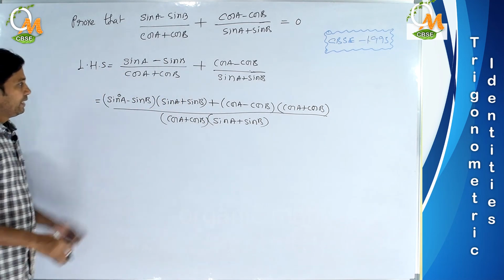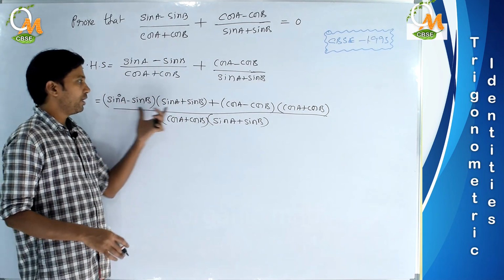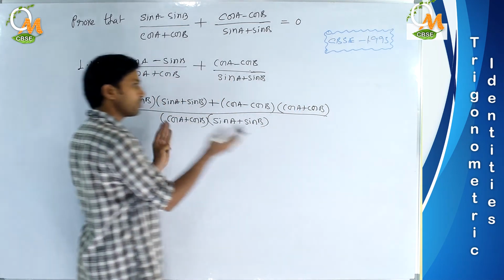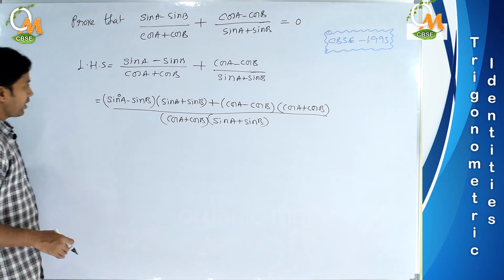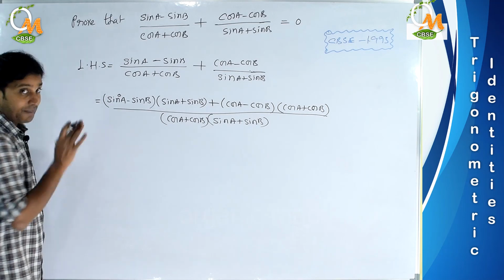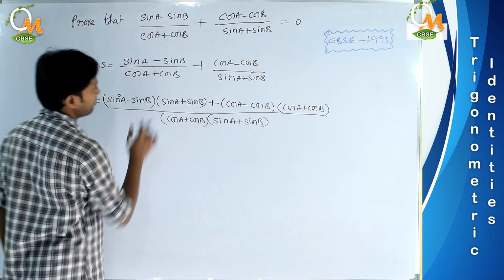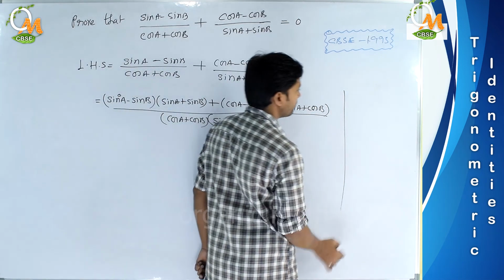Now here you have a numerator with two expressions. This is one expression and this is one expression. Try to solve them. In order to solve them, observe the pattern. Sin A minus sin B into sin A plus sin B is in which form?